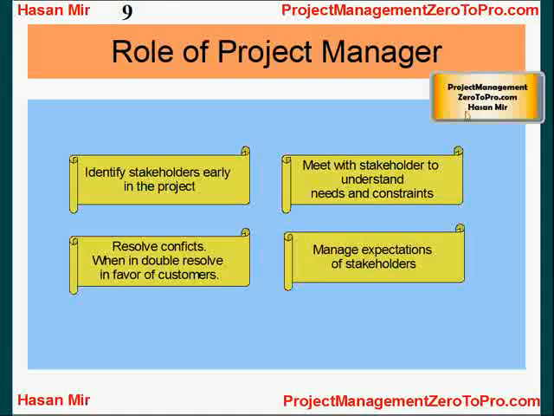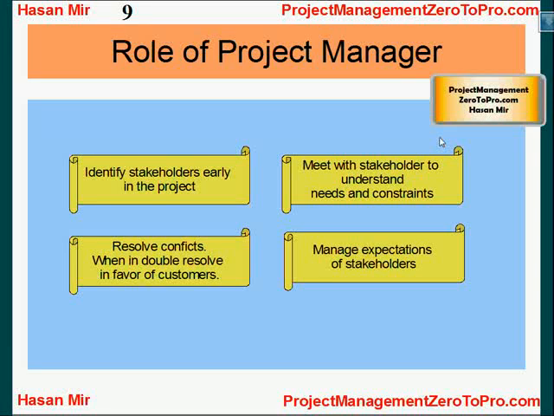So what is the role of a project manager? So far we have understood that there are stakeholders as far as the project is concerned. We have seen a few examples, and we have learned why they could be interested in the project. Now what is the role of a project manager?